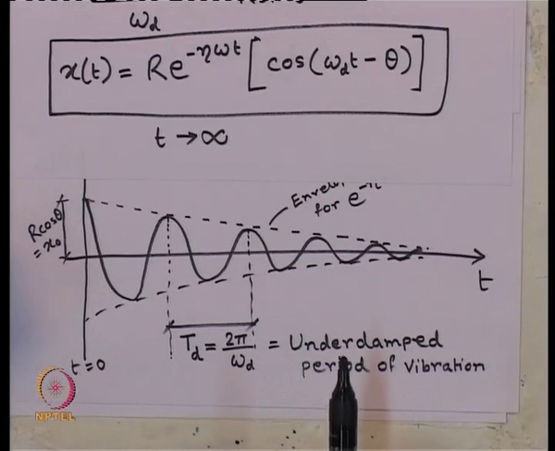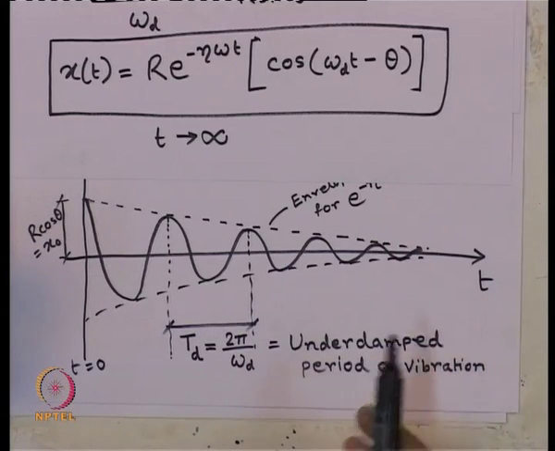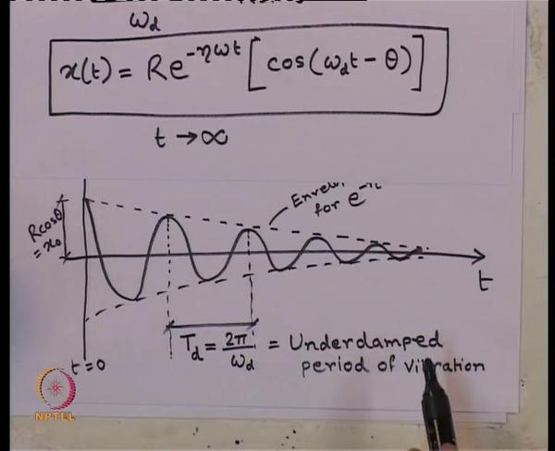Generally, the overdamped case we do not consider, because there is no oscillation, so the value of T d does not arise. That is why, if the damped period of vibration is asked, it automatically means the underdamped period of vibration.